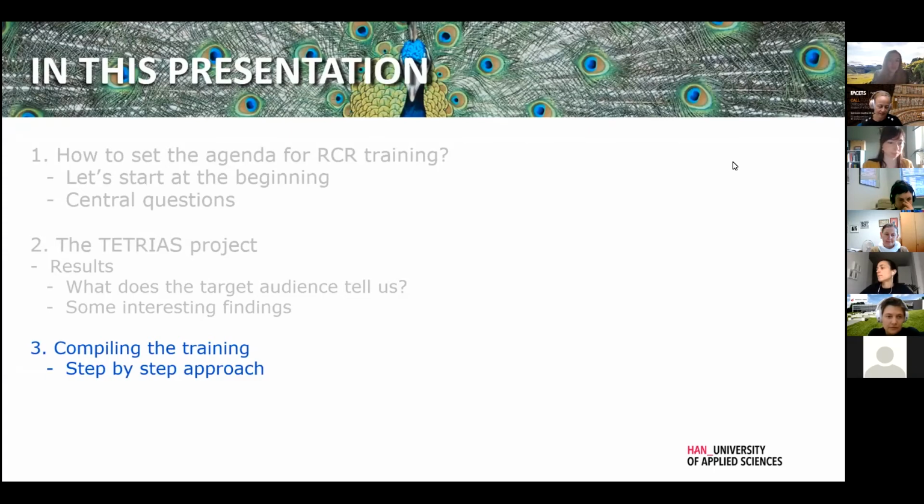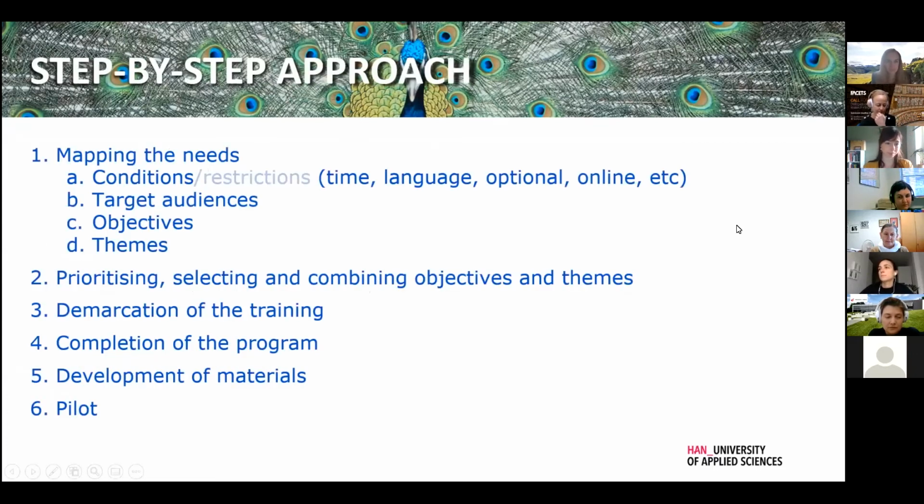So yeah, the third part, and I promised to tell about how we compiled the training in a step-by-step approach. So these are the steps from mapping the needs, what Susan just told about, then prioritizing, selecting, combining the objectives and the themes, then a demarcation, then completing the program, so filling in how to do what, and then the development of materials and of course a pilot in the end.